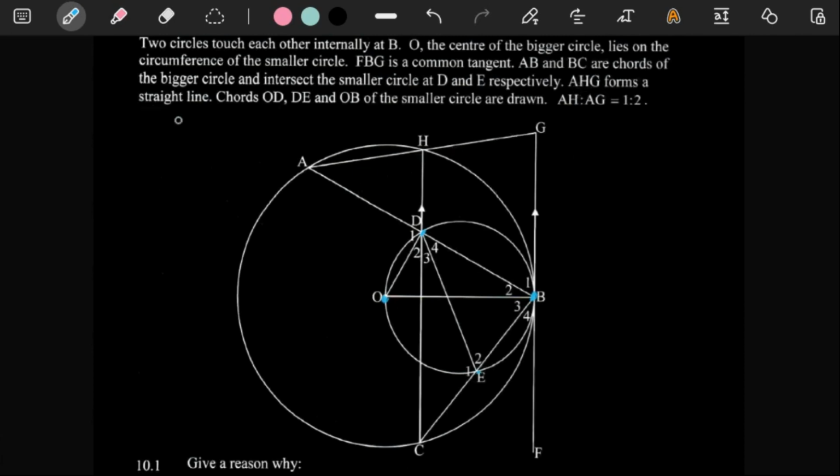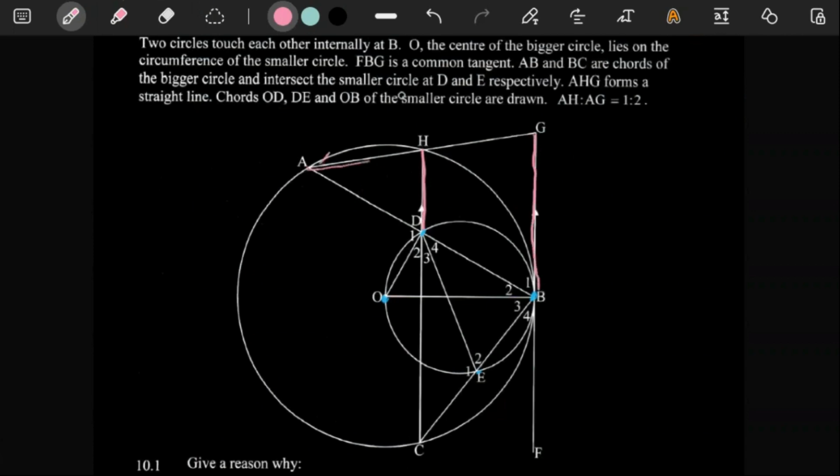AHG forms a straight line. Yes. Chords OD, where's OD? There's a chord OD there, DE, and then OB, they're just chords of the smaller circle. And then they gave us a ratio: AH to AG is 1 to 2. That looks like it's going to help us, especially with a parallel line here and another line that's parallel there.